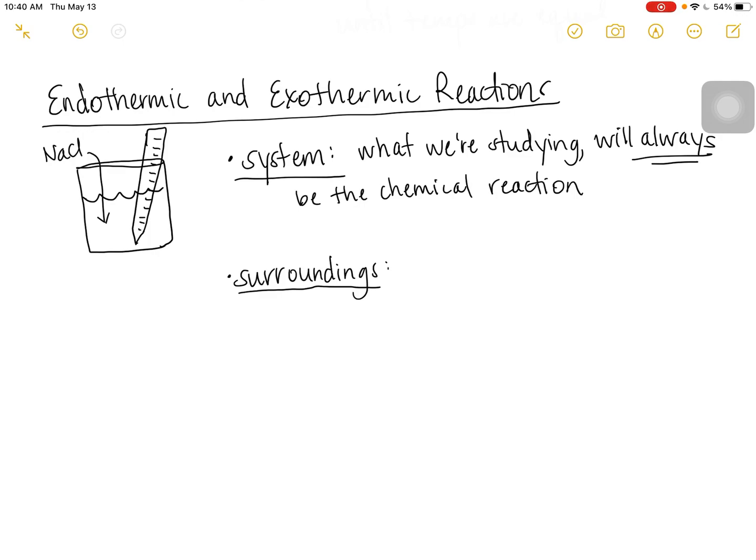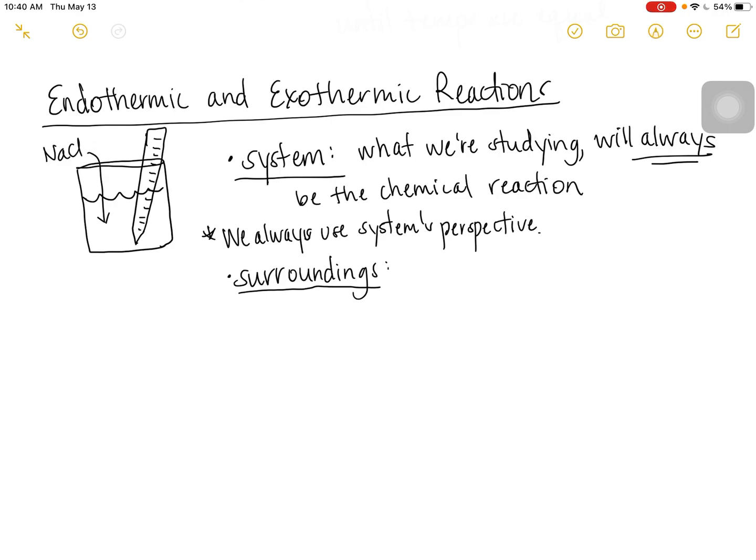And it's important here to note that, and this will come back up later, that we always use the system's perspective when discussing thermochem ideas. That doesn't make a whole lot of sense to you right now, but it will shortly.